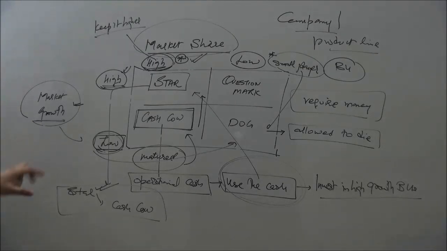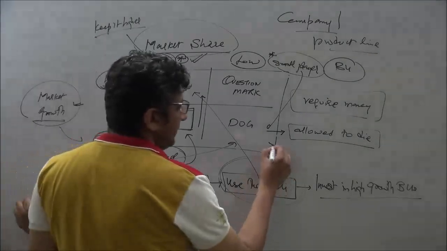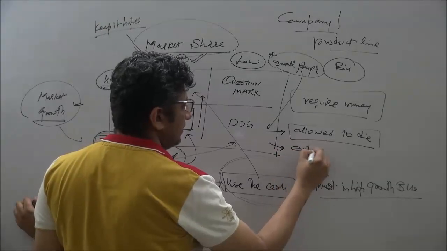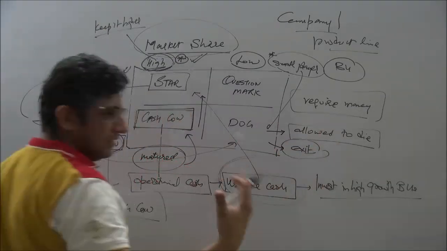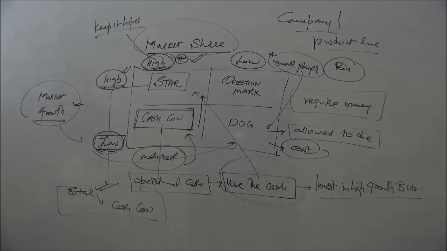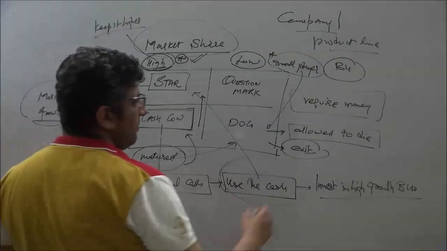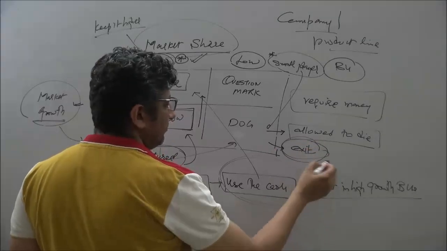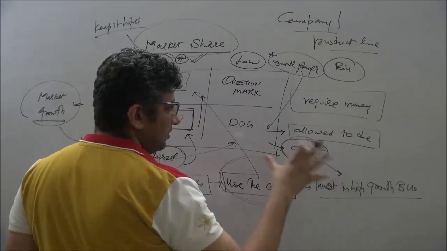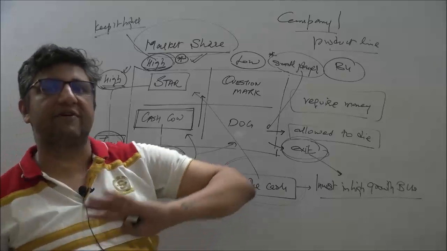So what you would do is, probably you would exit this business because it does not expect to offer you anything in return in the short and the long term, and you would probably again pull off the money and want to transfer this fund somewhere else.